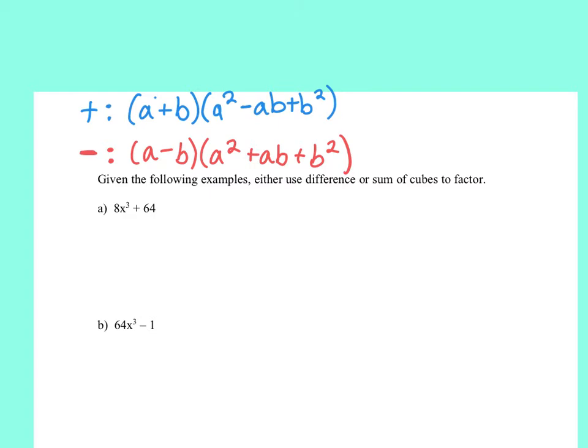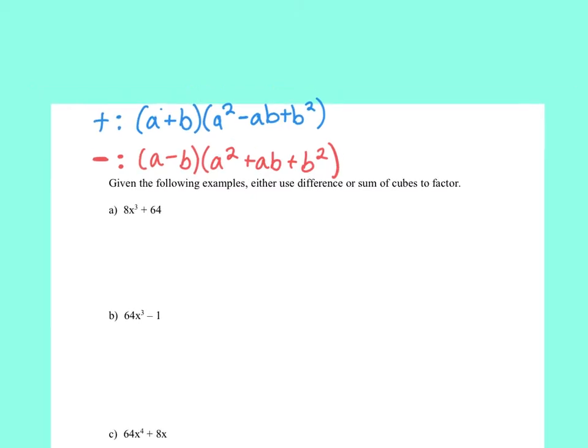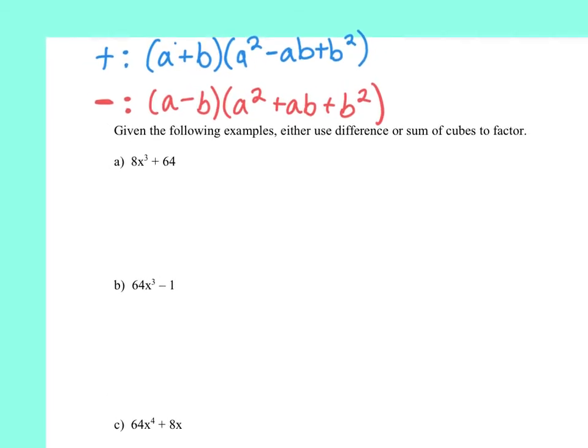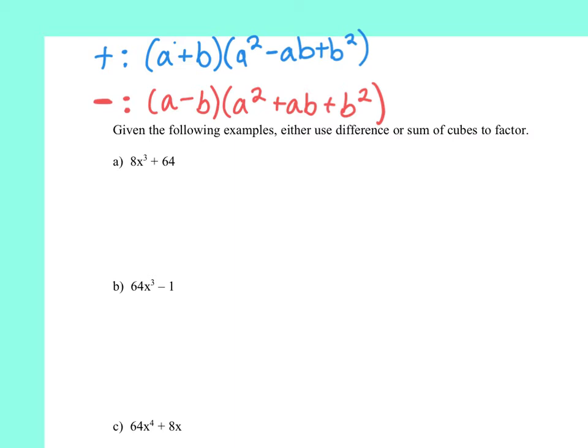So, just like whenever we factor anything else, we always start by checking for a GCF. So I look at letter A. Do 8 and 64 have anything in common I could pull out? What do we think? 8 and 64.